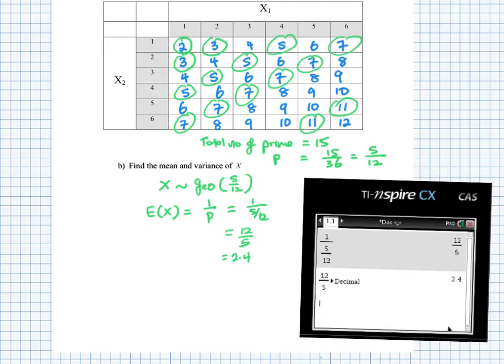And the variance will be equal to q over p squared, which is equal to 1 minus p, which is 5 over 12, divided by 5 over 12 squared, and that is equal to, just use the calculator here, okay, here it is.